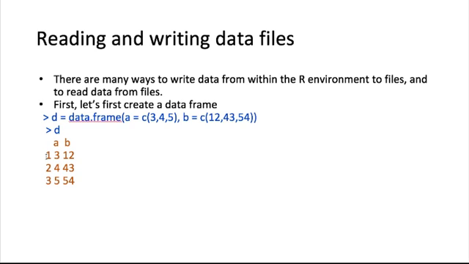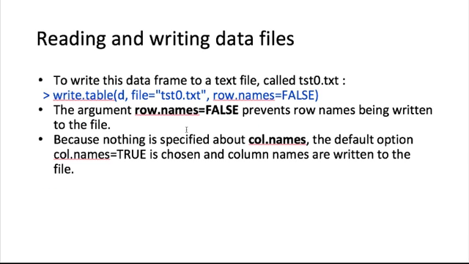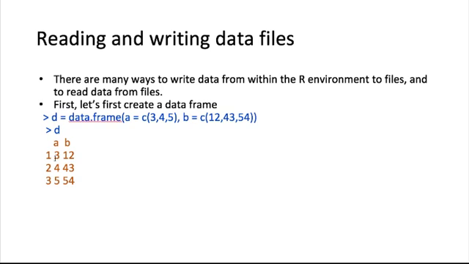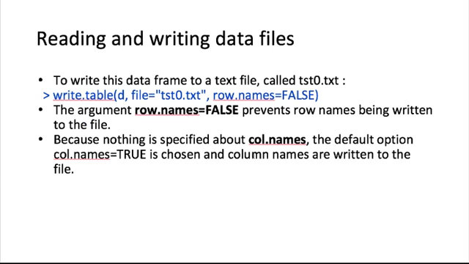But R creates row names and column names. So if you wanted to export the data without the row names, then you need to specify that row.names equals FALSE. Otherwise, it's going to export the data and it's going to look exactly like this, right? If we wanted the column names not to appear, we could specify col.names equals FALSE, right? So by default, it's TRUE.